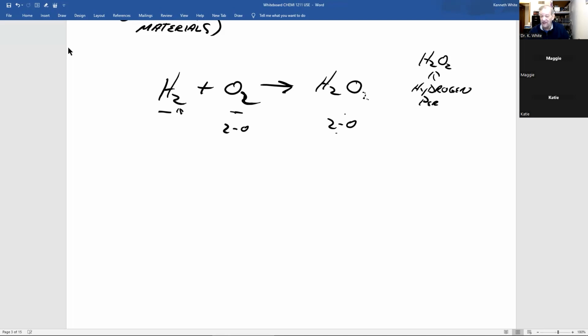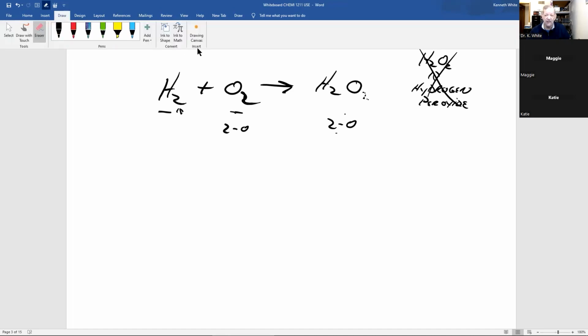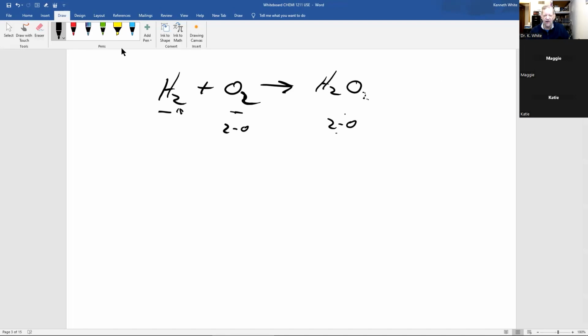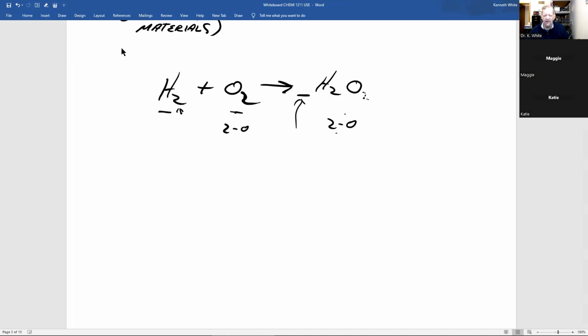You know it as bleach, or one type of bleach. And that's definitely not water. So if you can't do that, how can you get two oxygens on both sides? You change what's called the coefficient, the number in front of the molecule. This is called the coefficient.